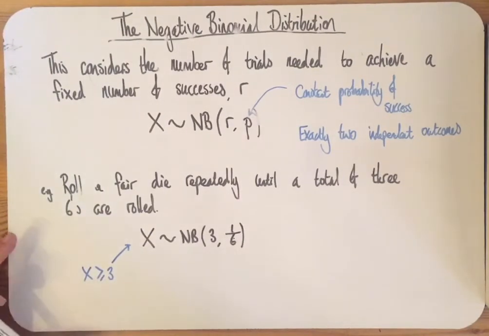In the geometric, we would just roll until the first success, so X is greater than or equal to 1. But in Poisson and binomial distributions, X can be 0, you can have no successes. So it's a different distribution.